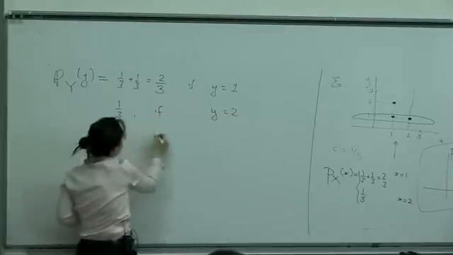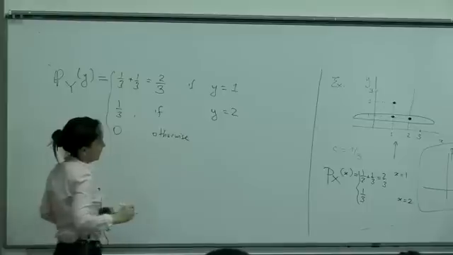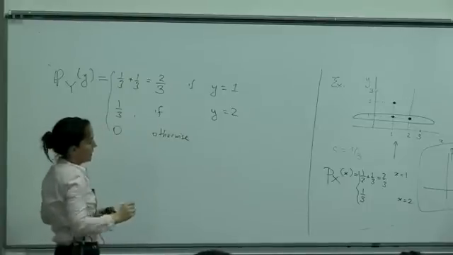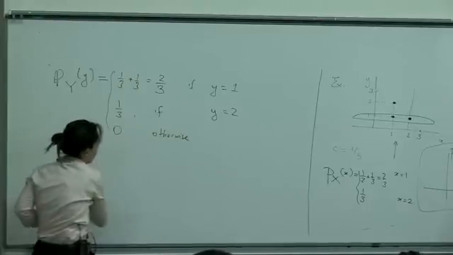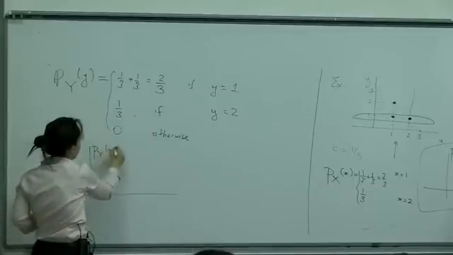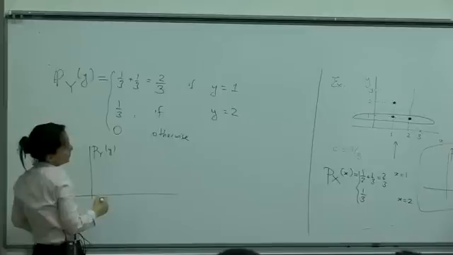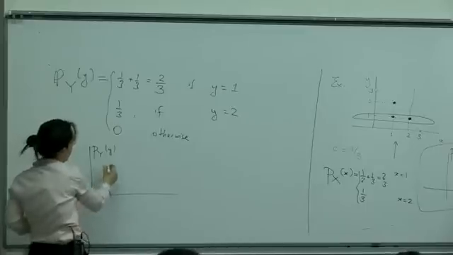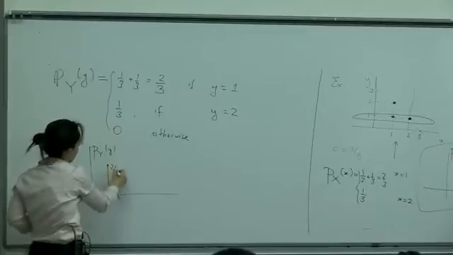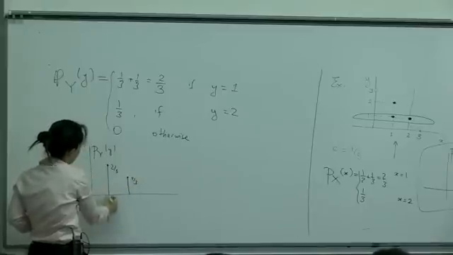It's 0 otherwise. Okay. In this case, the situation is symmetric, and the marginal PMFs of x and y come out to be the same. Doesn't have to be this way. Okay, it's a special case in this example.